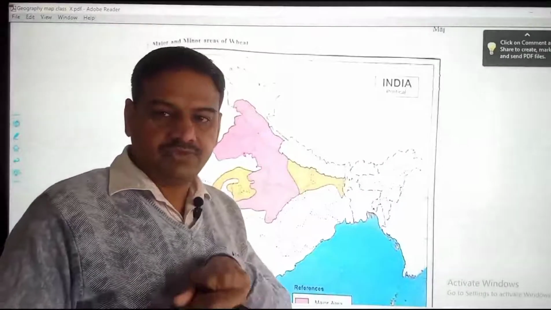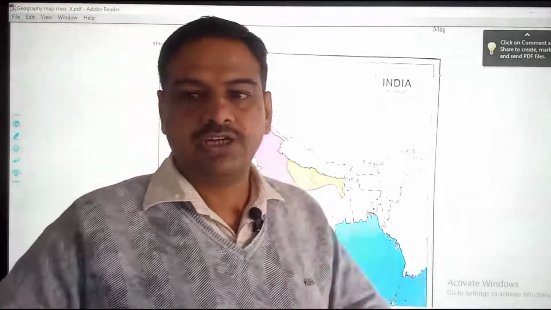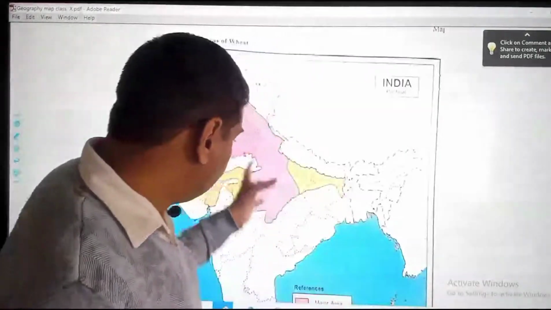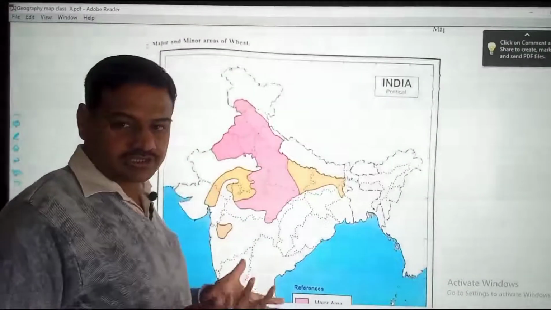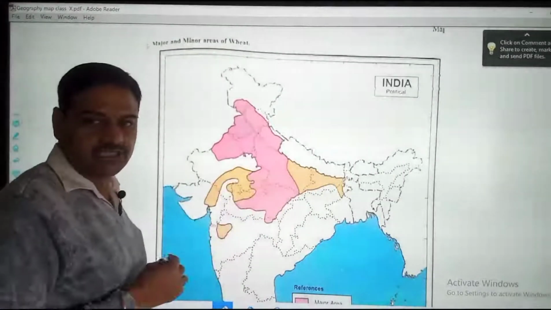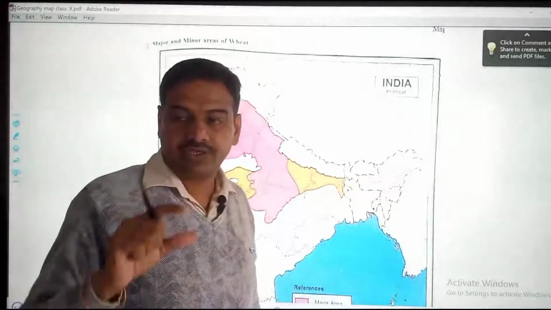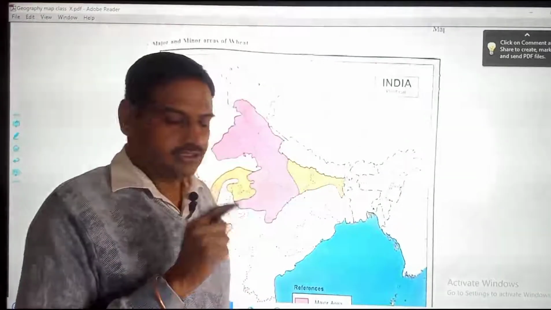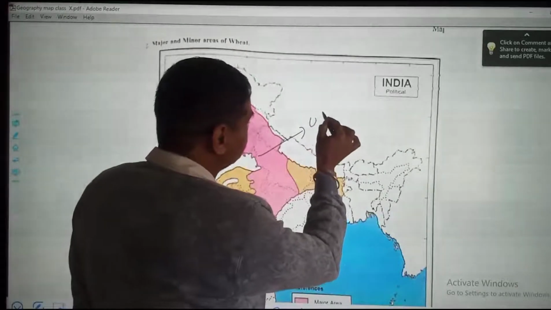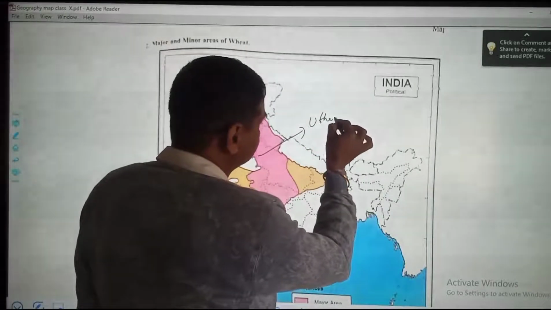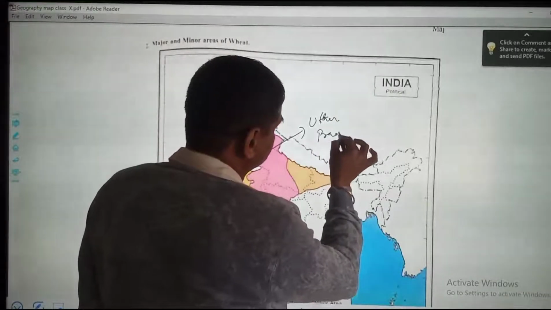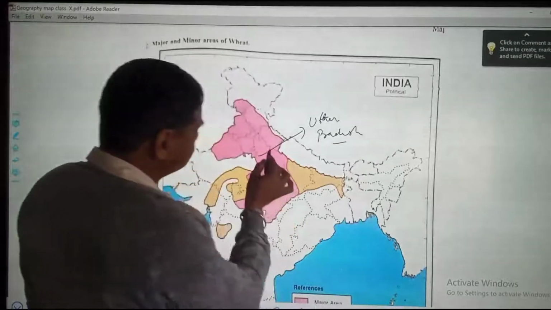Now next comes the wheat, that is the second most important cereal crop of India or staple food of India. Mainly wheat requires cold season, and clear winter season is only in North India. So mainly the producing states of wheat are in northern India only. Here we will talk about the largest producer. UP, or we can say Uttar Pradesh, is the largest producer of wheat.